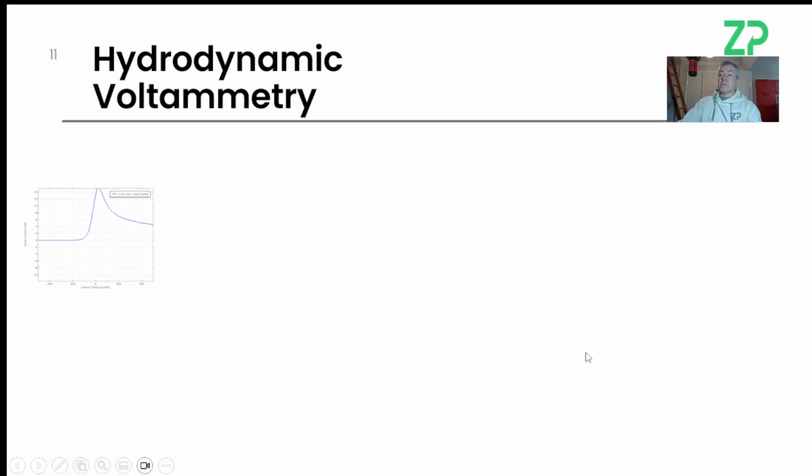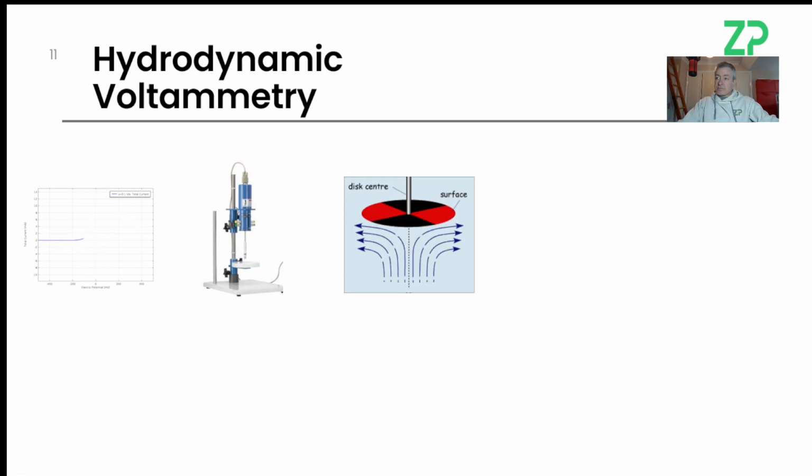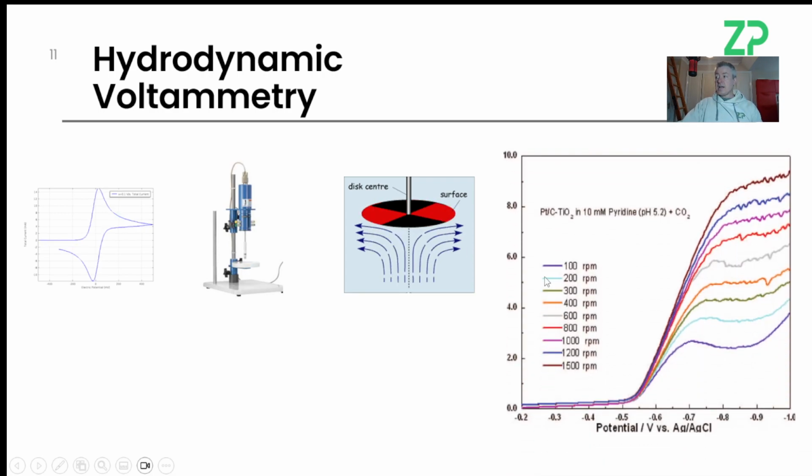When you look at cyclic voltammetry, it is not under steady state. The diffusion of molecules to that surface is changing throughout that experiment. But if you did the same experiment on a rotating disc electrode, this time rather than me stirring, it's the electrode that's moving, but it's producing a steady, constant flow of liquid to the surface.